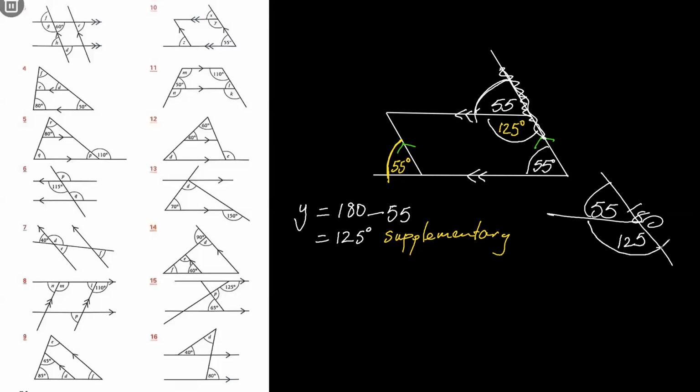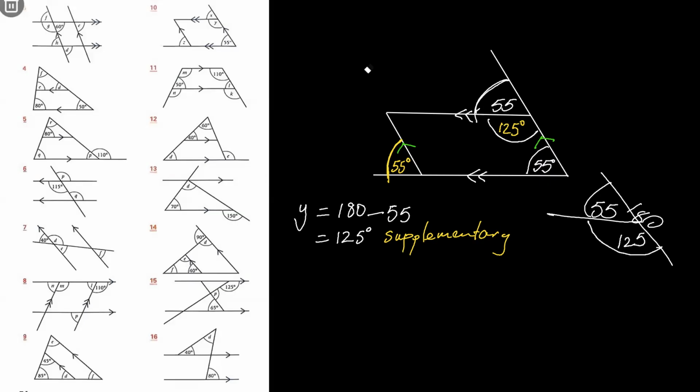You're welcome. Whenever you see supplementary, look for a straight line, because it's 180 degrees. So supplementary, straight line, 180. So it's 180 minus 55, which will give me 125.